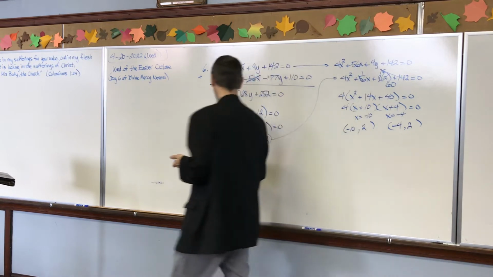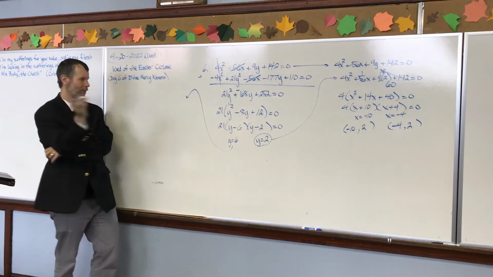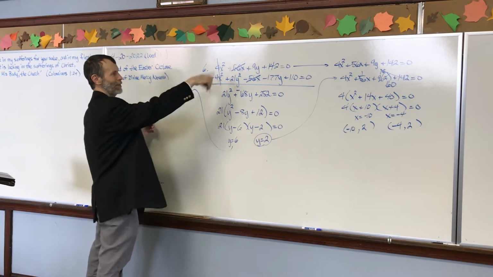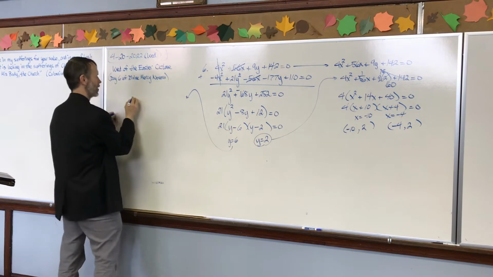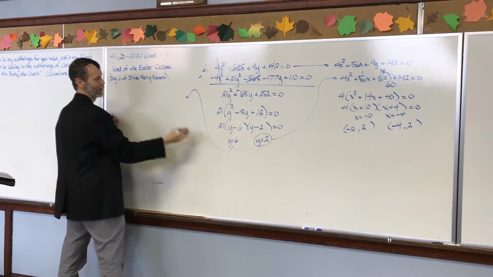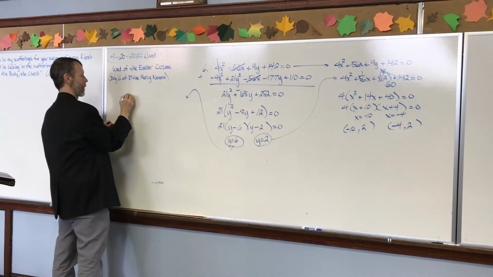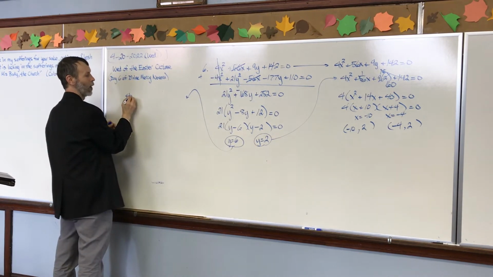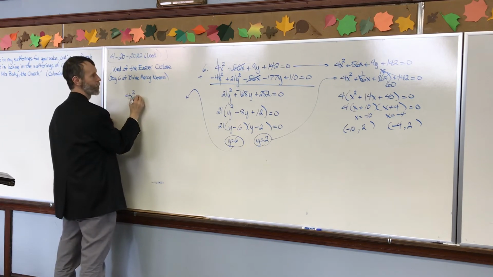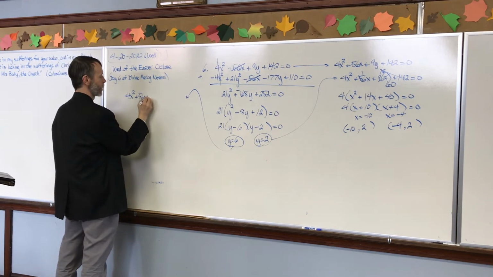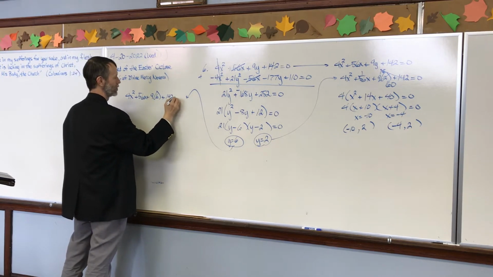Now, let's try y equals 6. Nate, take over. Are you going to plug it in top or bottom? Top, sure. So, read it off for me. If y is equal to 6: 4 times 6 squared, y equals 6, 4x squared plus 56x plus 9 times 6 plus 142 equals 0.